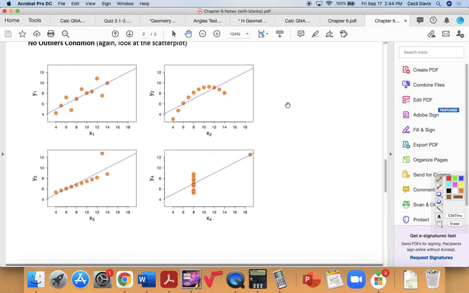So let's take a look at each one of these. It turns out that each one of these has exactly the same correlation coefficient.